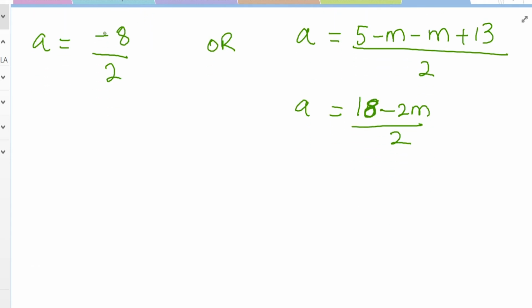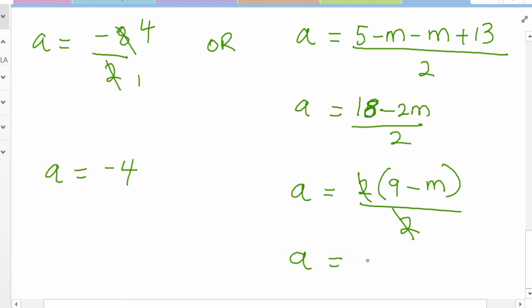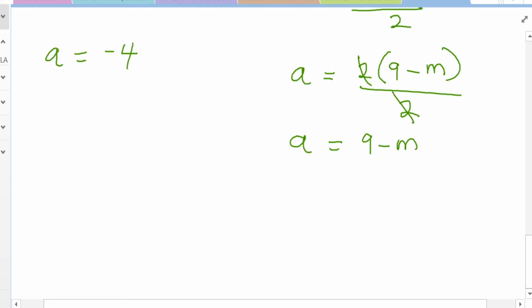So definitely this is divisible by 2 once, by 2, 4 times, so here we have a is equal to negative 4, and here we have a being equal to, let's factorize the things on top, that is 9 minus m over 2. If this goes with that, we remain with our value of a as 9 minus m. So we have the expression here, a is equal to negative 4.